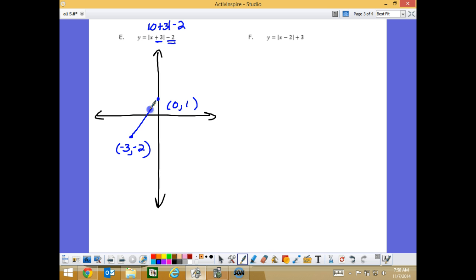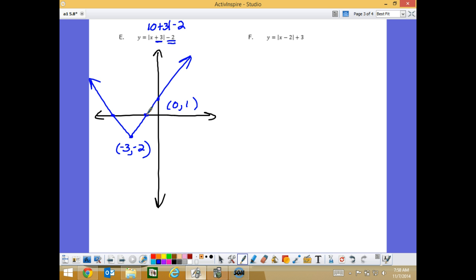So here is one branch of the absolute value function. It's a straight line through those 2 points. And the other side is going to mirror that. And then we have 2 x-intercepts to find. And we're going to find those by plugging 0 in for y.